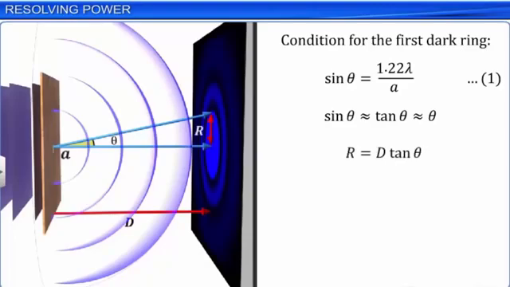Using equation 1, we can rewrite this as r is equal to 1.22 lambda d by A. Let this be equation 2. The diffraction of light by a circular aperture is of great practical importance.